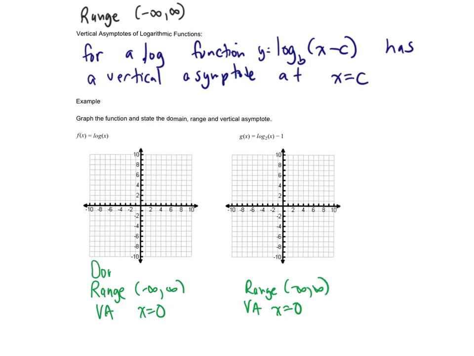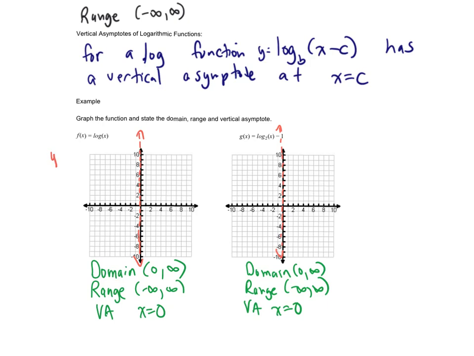And the domain doesn't change because there's no change in the vertical asymptote, so it should be 0 to infinity for both. Now, this doesn't tell me a lot on how to graph these functions. All it really does is tell me, all right, this has a vertical asymptote here, and this has a vertical asymptote here.